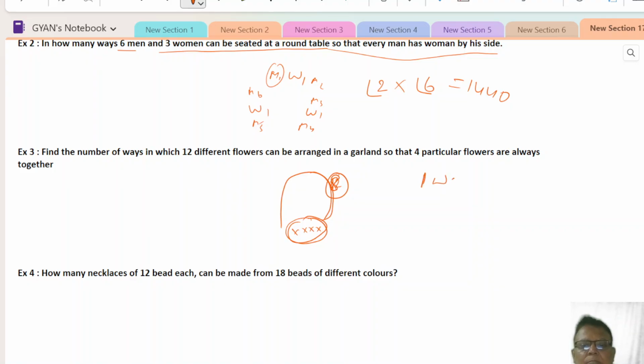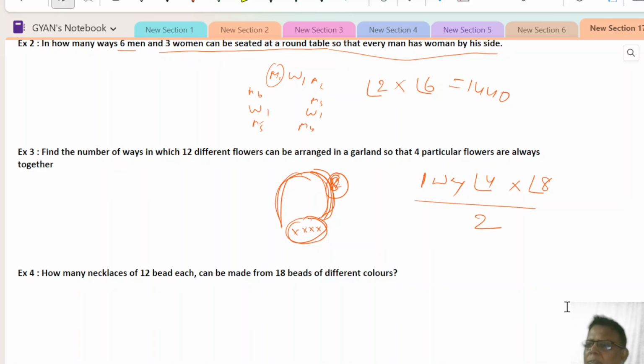One way. But it can arrange by itself. So total 8 plus this one, 9. 9 minus 1, that is factorial 8. So that will be this many ways. But this is a garland, so if 4 are in this direction and 4 in this direction, it may be considered same. So divide by 2.